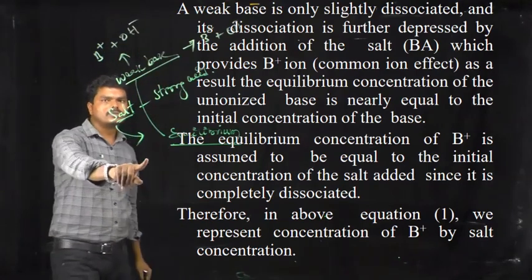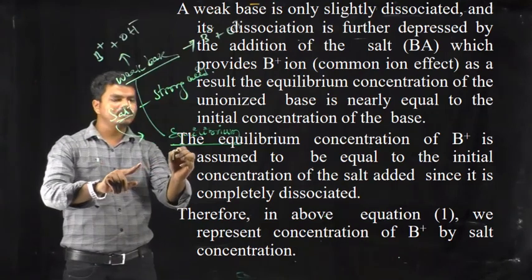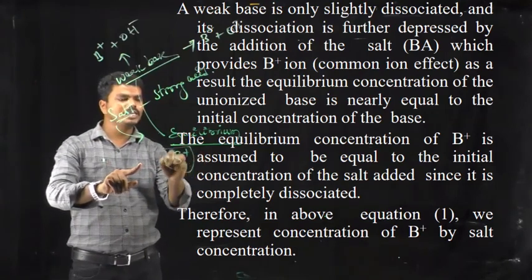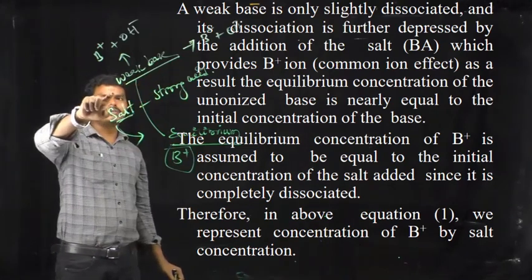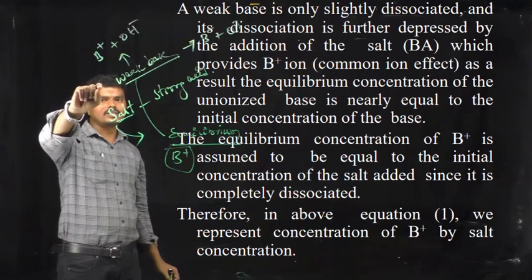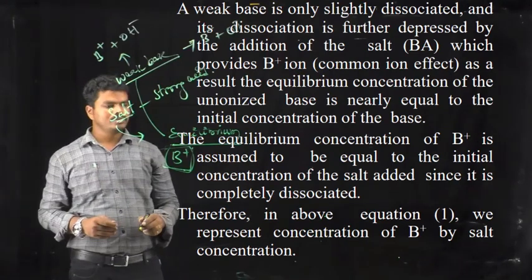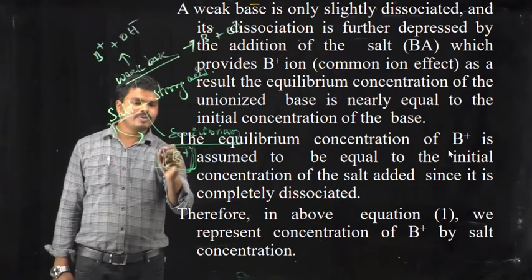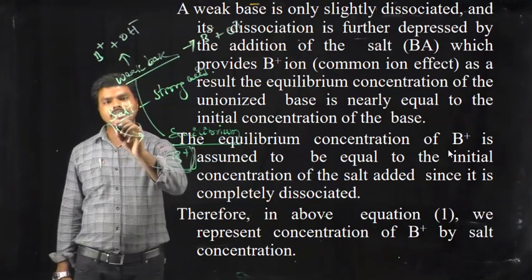Understood? So that means when the B plus ions reach the equilibrium, then the weak base concentration is equal to its concentration in the initial condition. Understood? In a similar way, the equilibrium concentration of the conjugated acid is equal to the initial concentration of the salt.